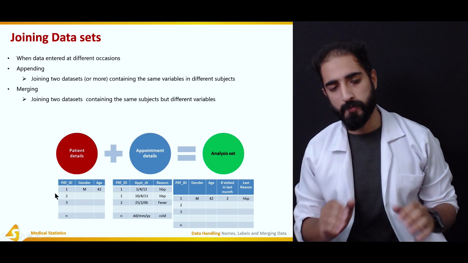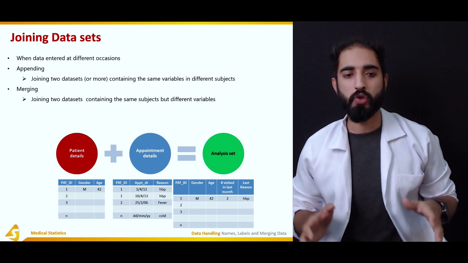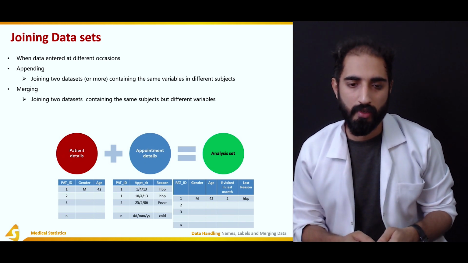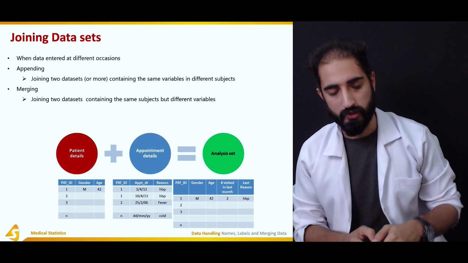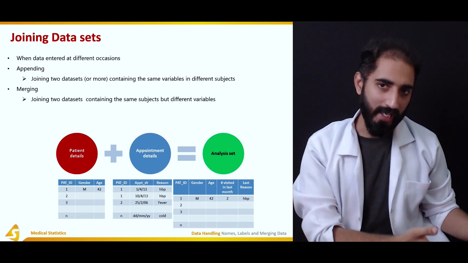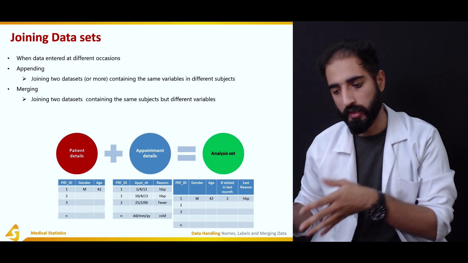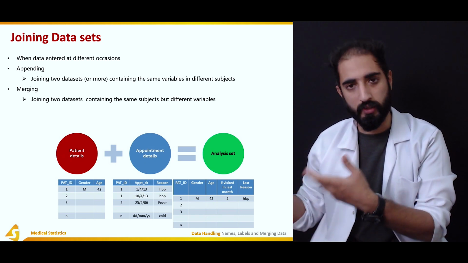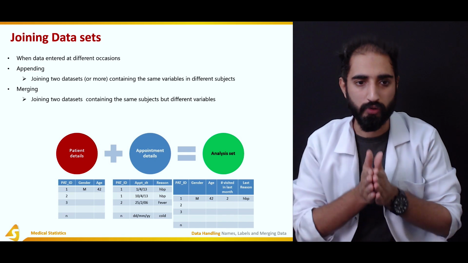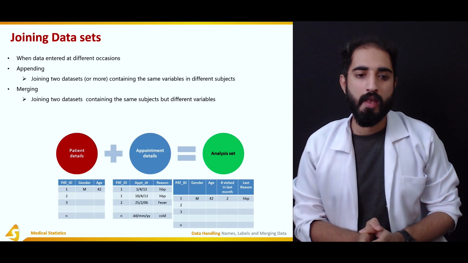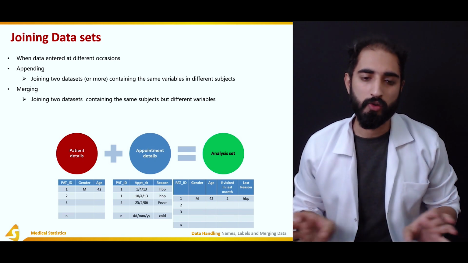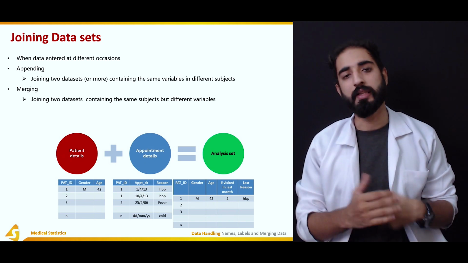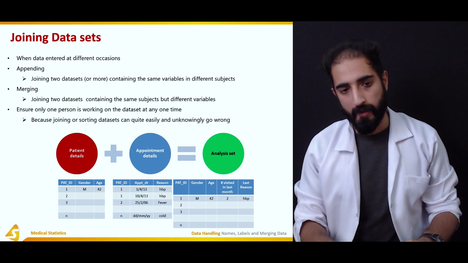The difference between the two is that when joining 2 data sets containing the same variables in different subjects, for example, I have one data set which has the same variables and 10 participants, and another data set which has the same variables but another 10 participants, and I combine them, this is known as appending. And merging is when I am joining 2 data sets which have different variables for the same subjects.